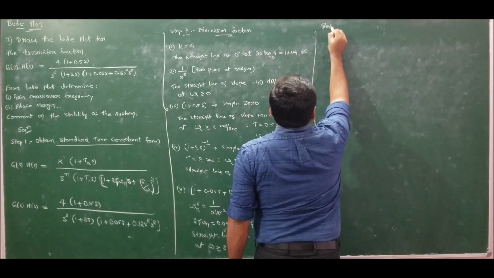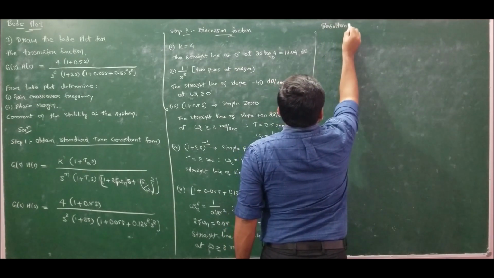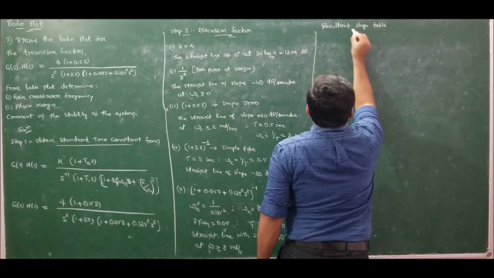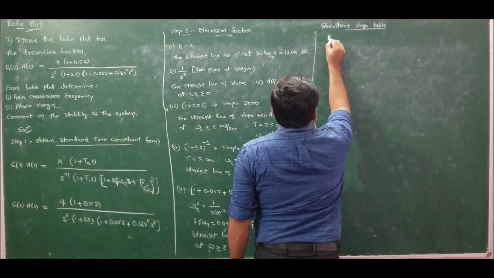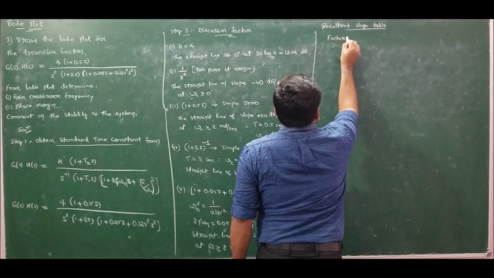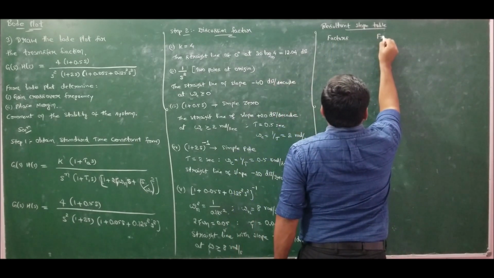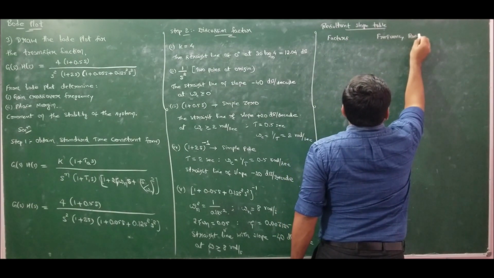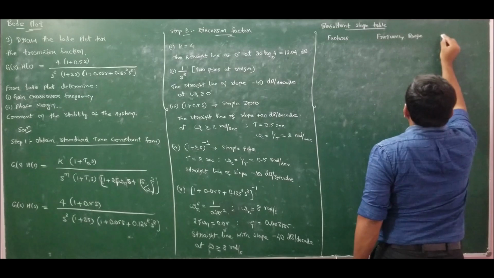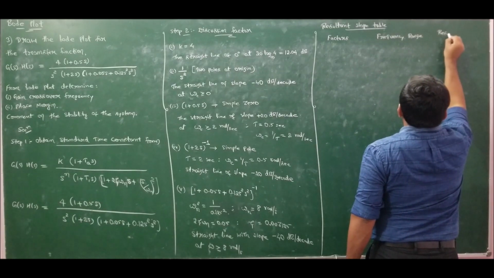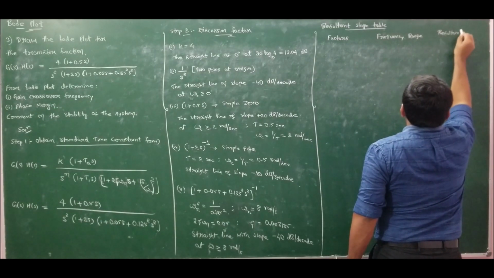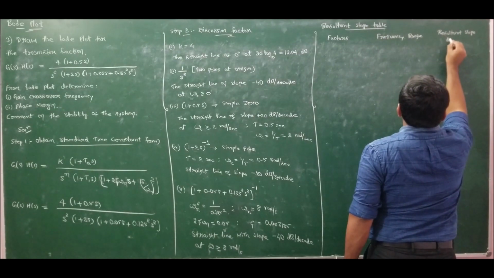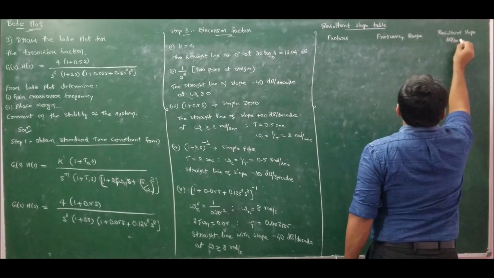I will get the resultant slope table. It has the factors, frequency range, and resultant slope. Resultant slope of the straight line is given in decibels per decade.